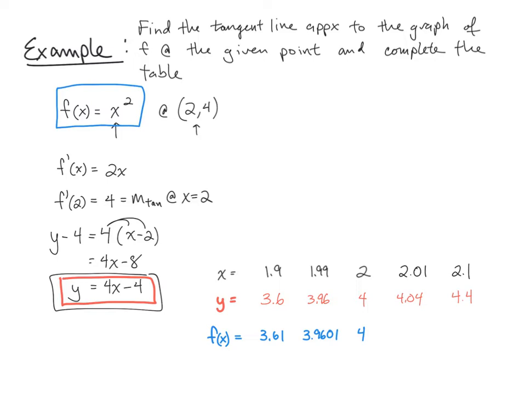These other two values over here are 4.0401 at the x value 2.01, and you can see how close they are, and 4.41 for the x value 2.1. And again, that's still a pretty good approximation.